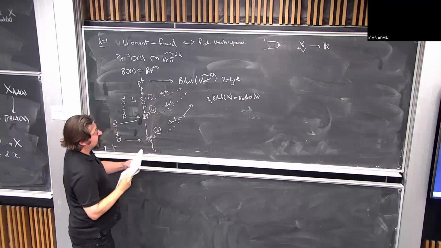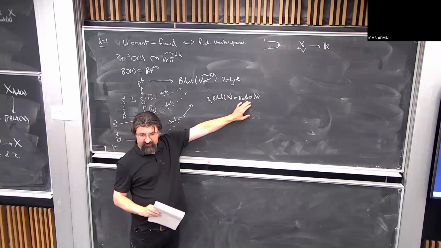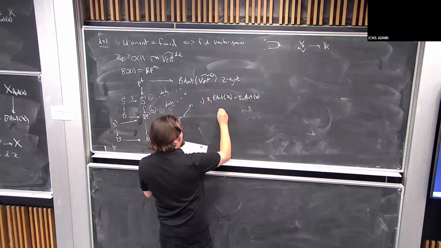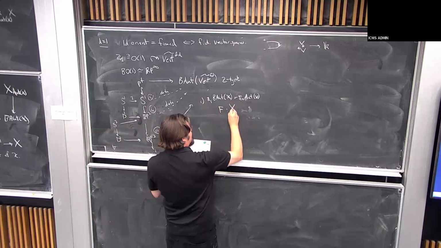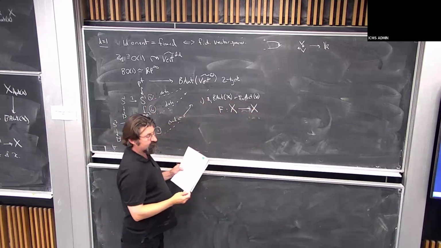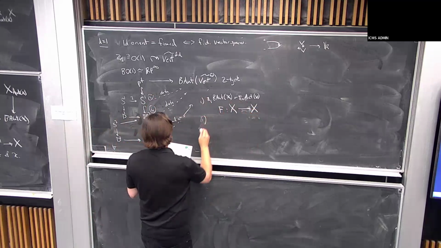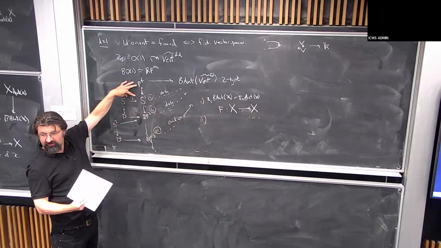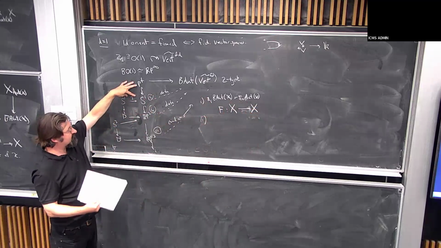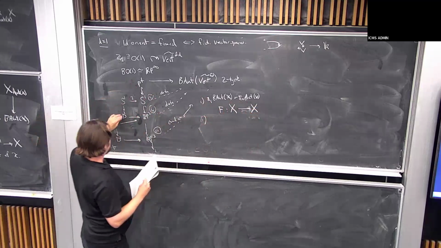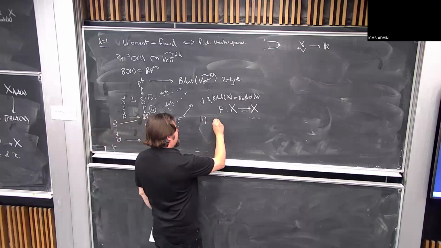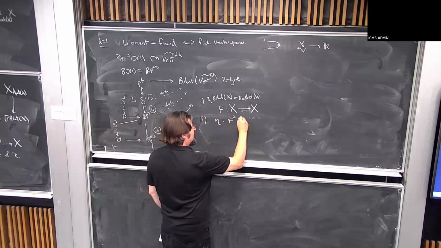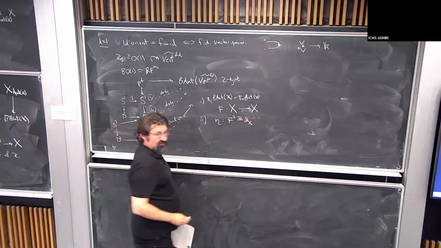This is some endofunctor of the category. So here, this is like the data. I have some functor from this groupoid to itself. Part 2, I'm supposed to precompose that by the doubling map, so that takes my functor and applies it twice. And then I'm supposed to trivialize that. So that's some natural isomorphism between F squared and the identity functor.